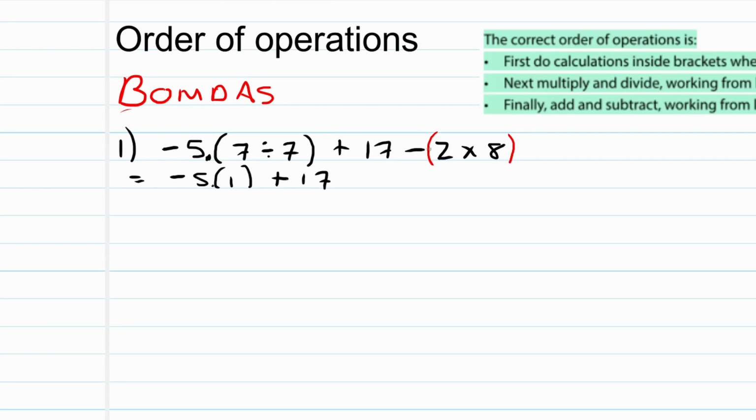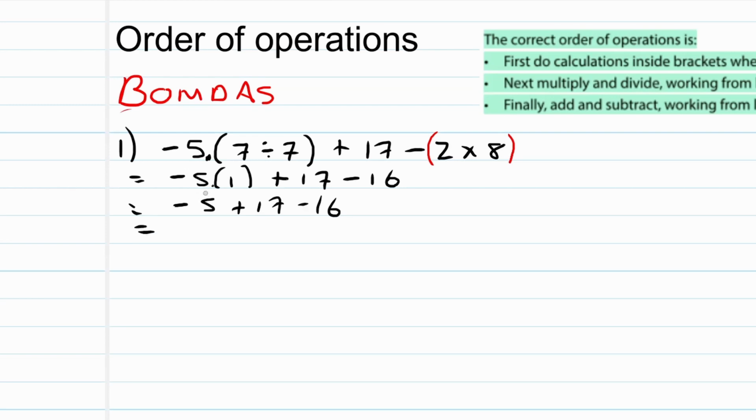So we can then say 2 times 8 is 16, so this will be minus 16. Okay, so -5 times 1 is -5, plus 17 minus 16.